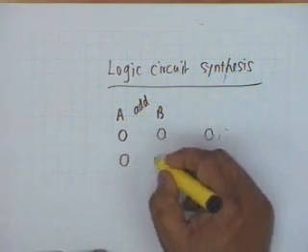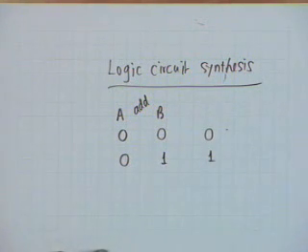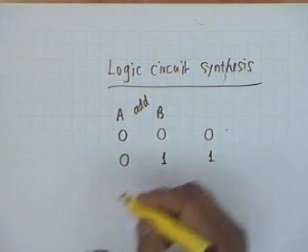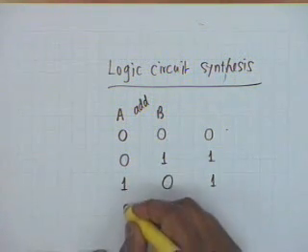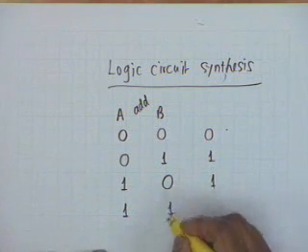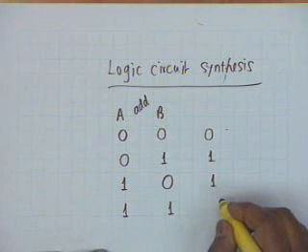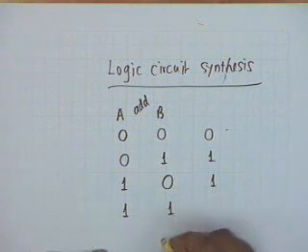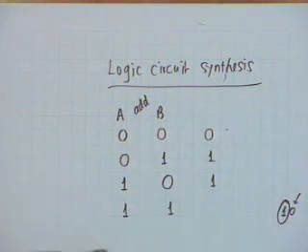When you add 0 and 1, the result is 1. When you add 1 and 0, once again the result is 1. But when you add 1 and 1, 1 0. So the sum is 0 and this one is a carry.